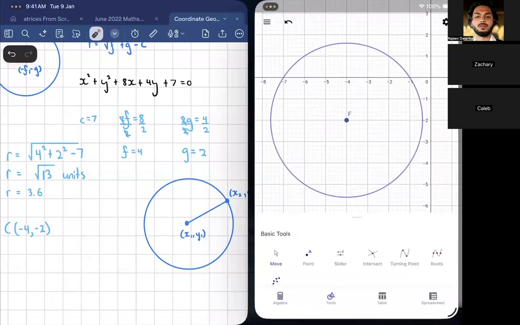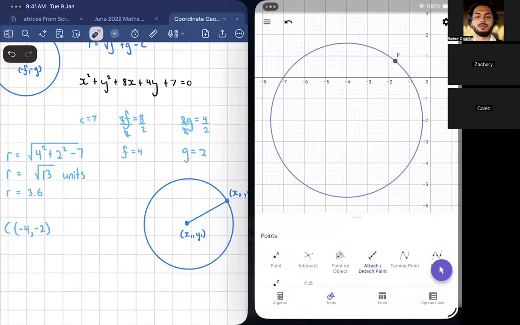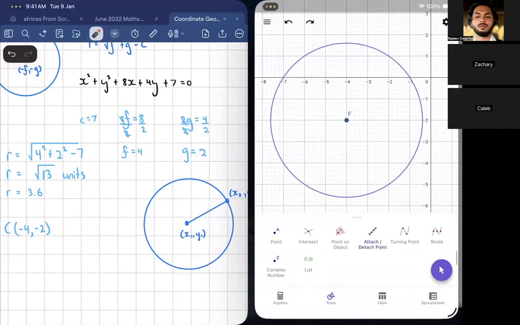Now, let's measure the radius. Let's see. Hmm, bro, what? Okay. Give me a moment.